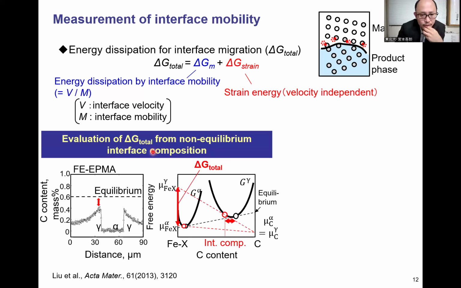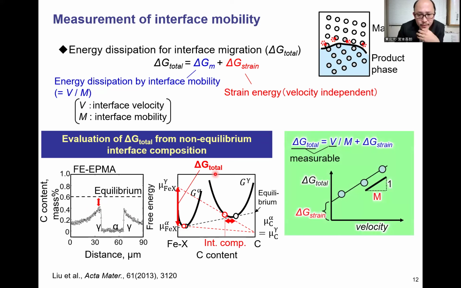So this evaluation is based on the non-equilibrium interface composition. So this is carbon content profile measured by EPMA. So interface carbon content deviates from equilibrium value. And this deviation is converted to the energy in thermodynamic analysis. So delta G total can be measured experimentally.